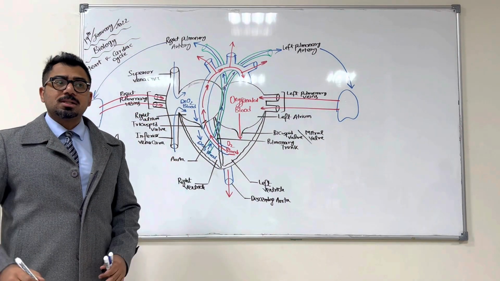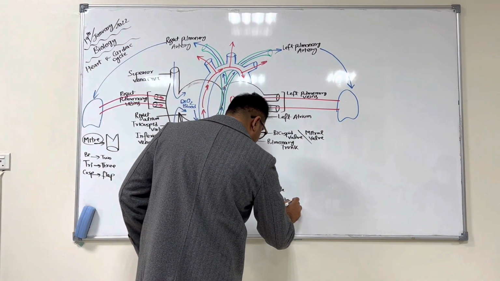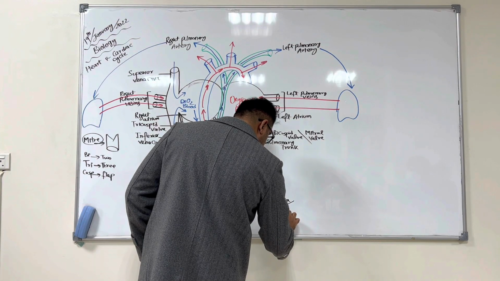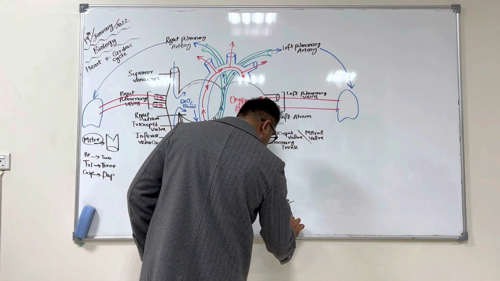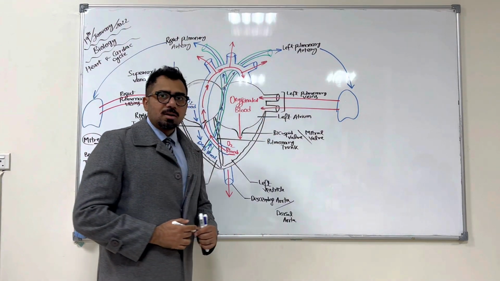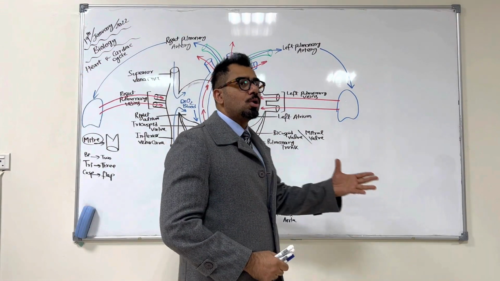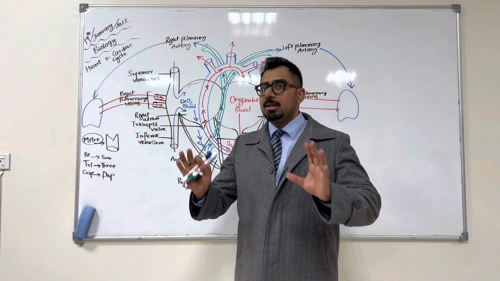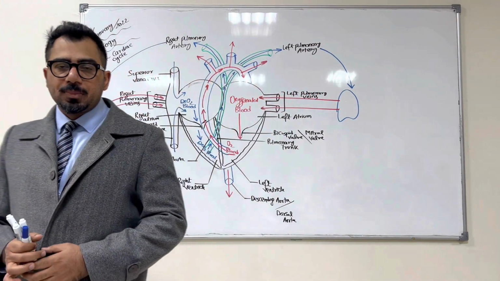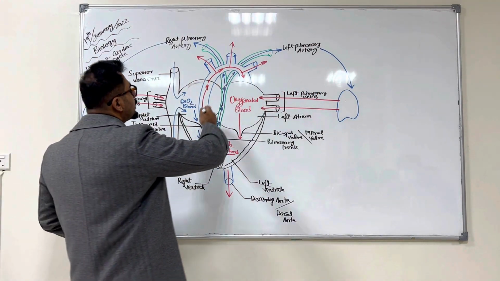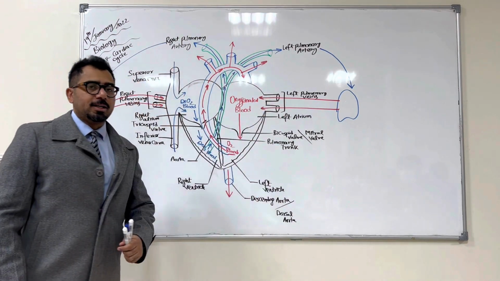But in the old books, they used to call it dorsal aorta. So if the word descending aorta or dorsal aorta is mentioned, it means the same thing. Don't be confused.